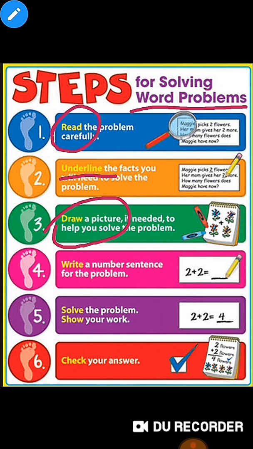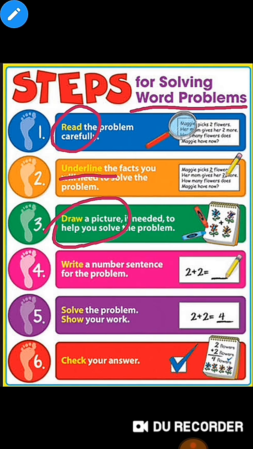Children, then you need to understand what operation you actually need to use. Like if they are asking you sum, total, you will do addition. If they are saying find the difference, how much it is less, you are going to do subtraction.